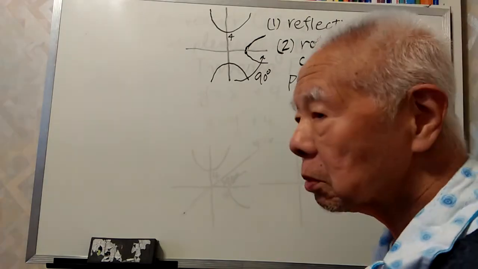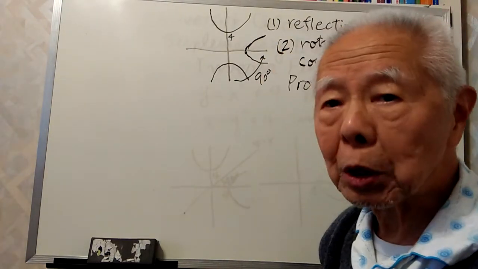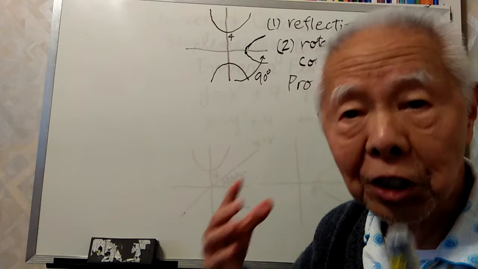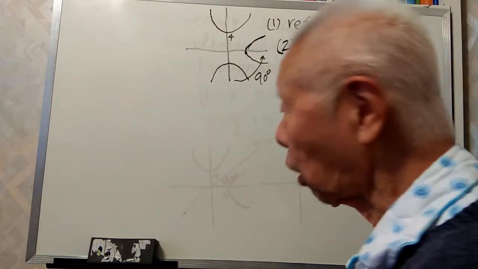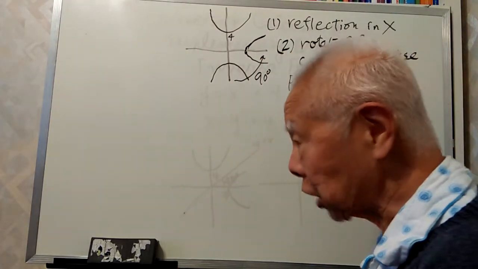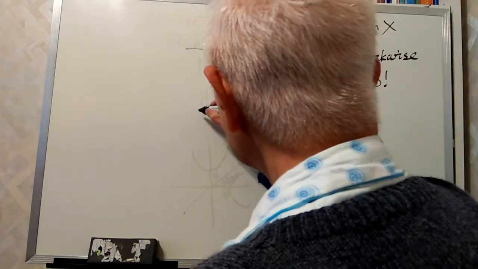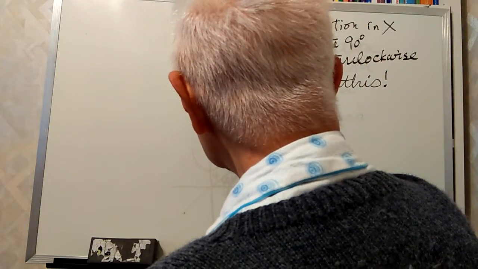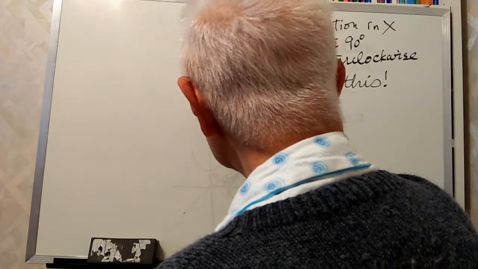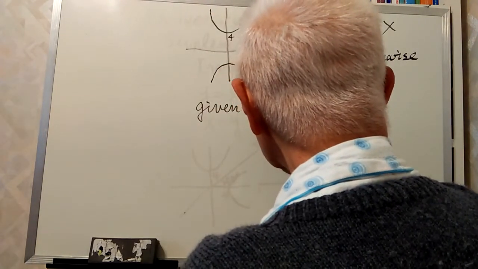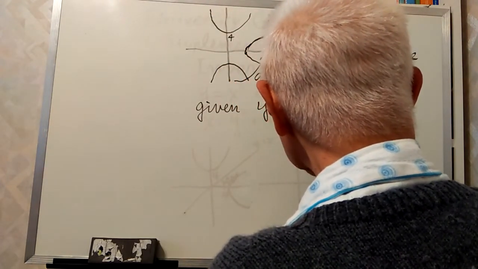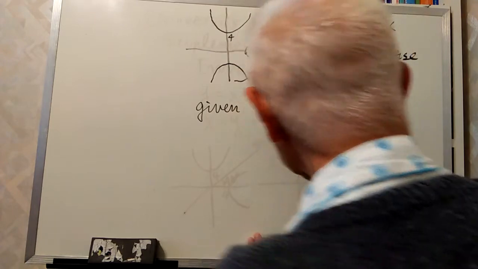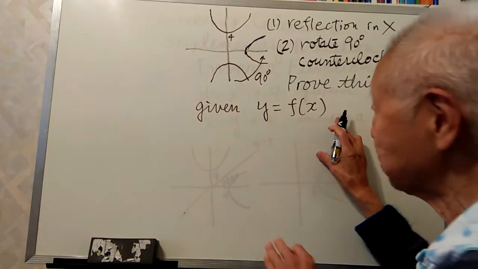But the proof means we want to prove it in the general way. So how do we prove it generally? So let the given function be y equals f of x. That's a general way of writing the function.